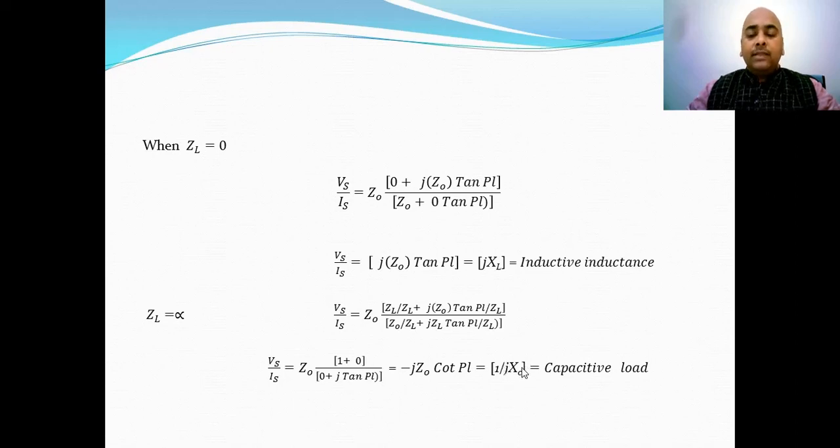The capacitive impedance XC is of magnitude 1 upon Z naught cot of PL. That is, by varying the length of the transmission line, we can have a capacitive impedance of the required value.